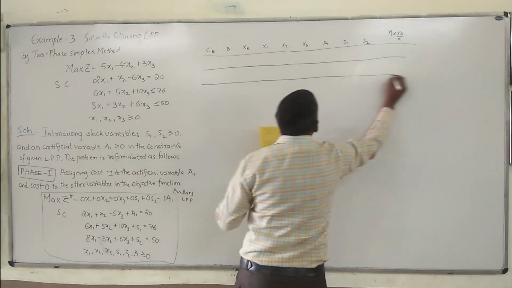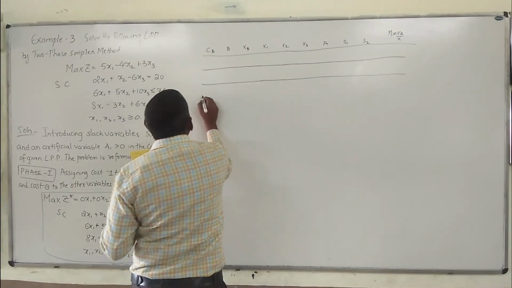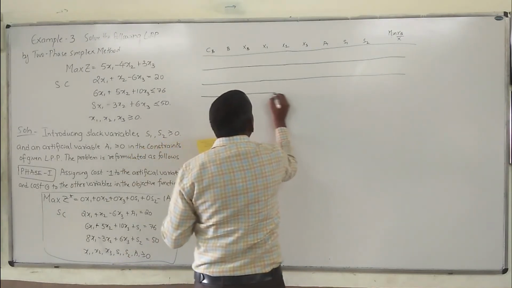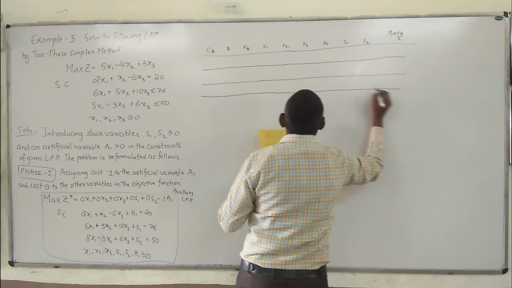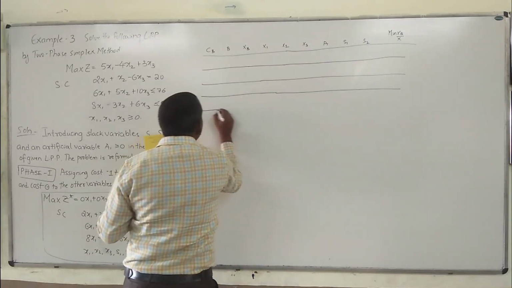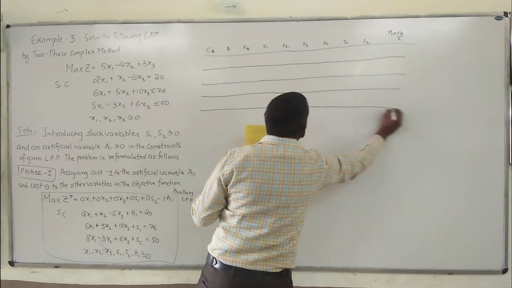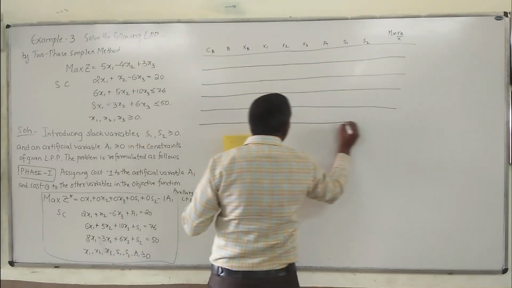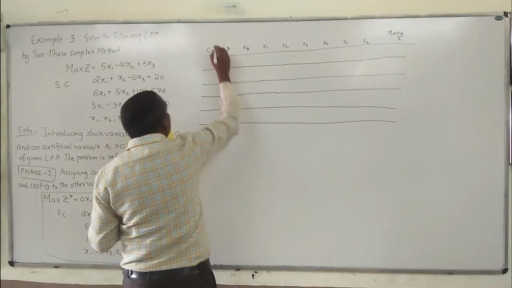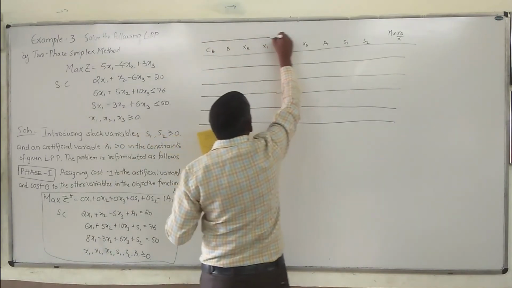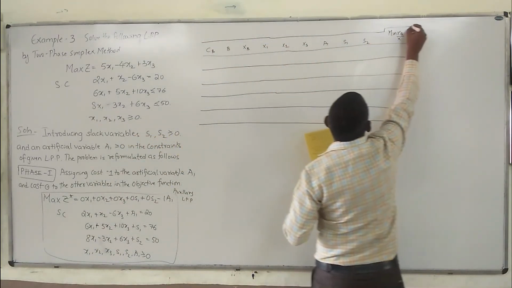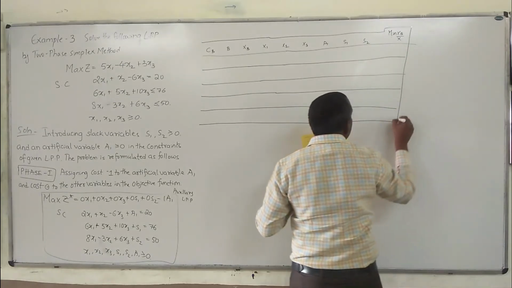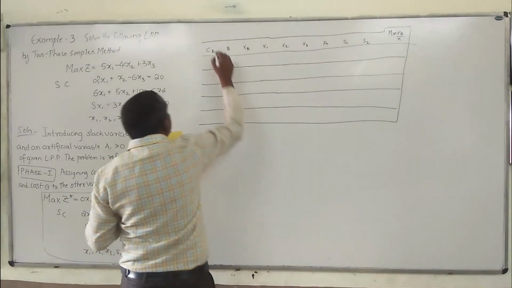As soon as you get the problem, first of all see how the constraints are subjected: whether less than or equal to, greater than or equal to, or equal to. Depending upon that, you solve the problem.